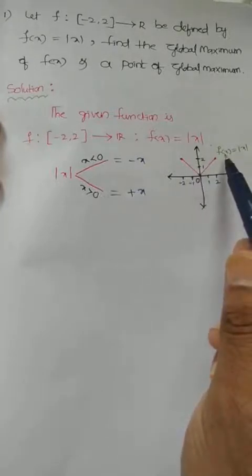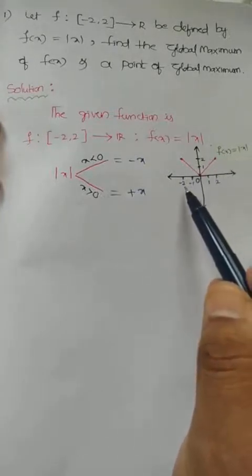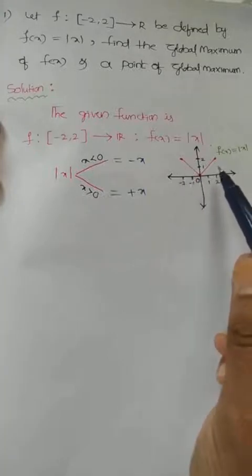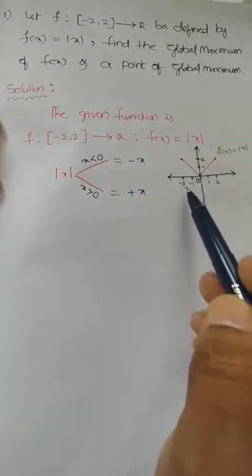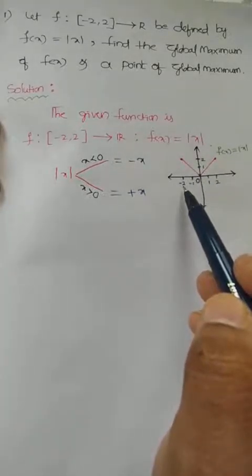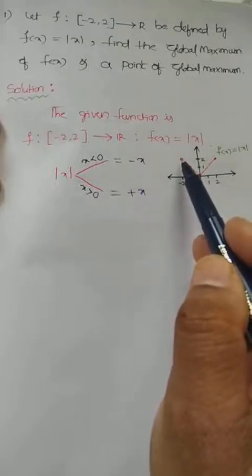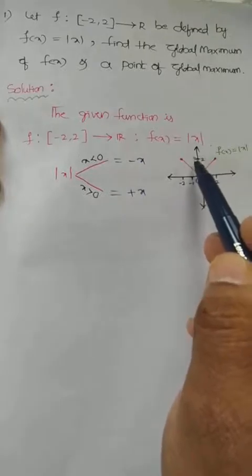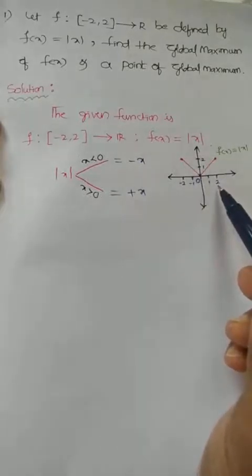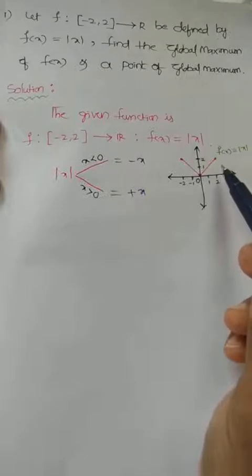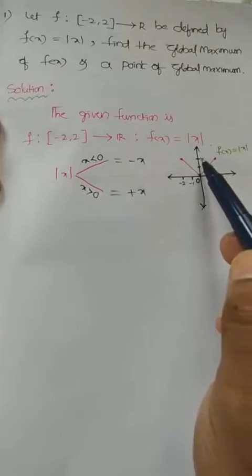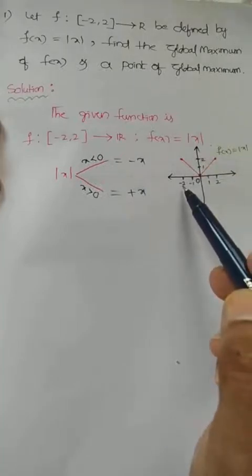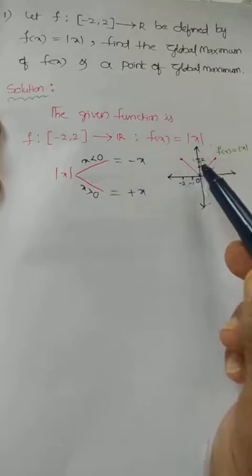Observe this value: at x is equal to minus 2, it attains the maximum, and whenever we take x is equal to 2, it also attains the maximum value, whereas f of 2 is 2 and f of minus 2 is also 2.